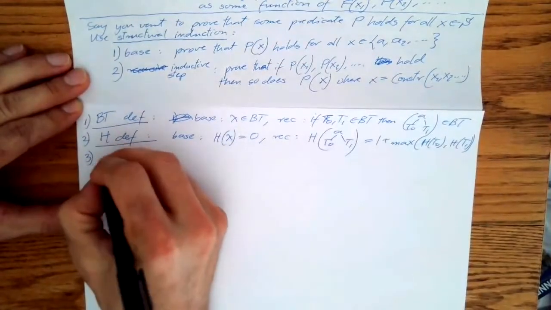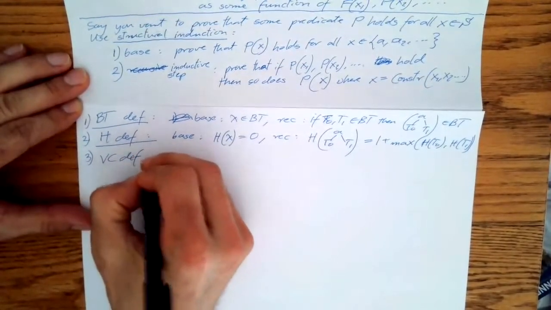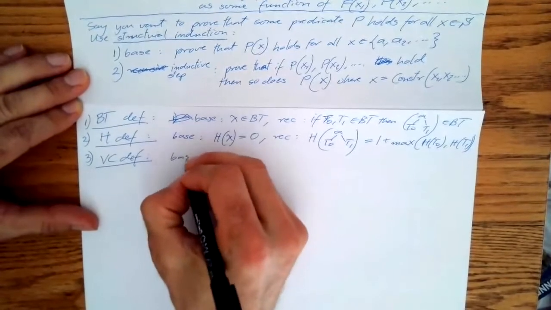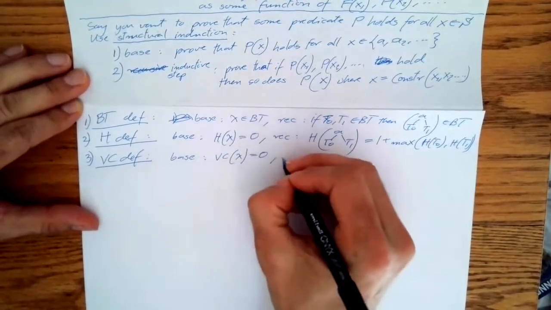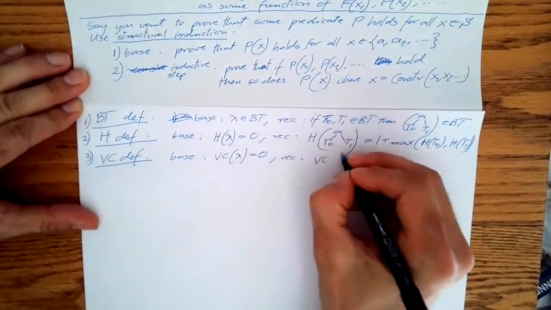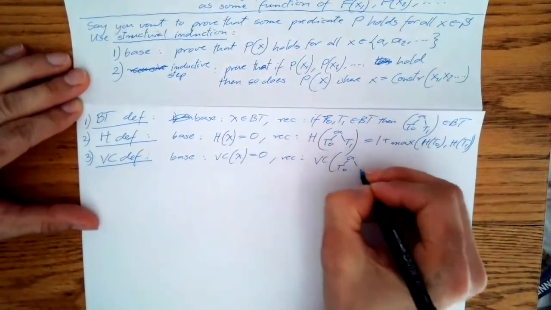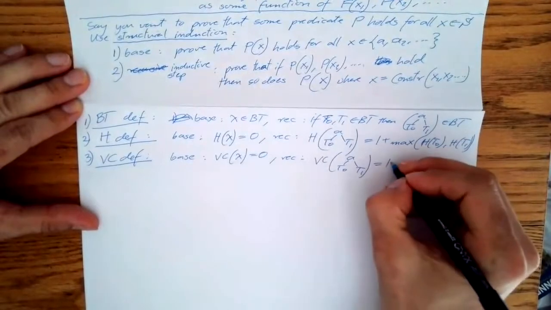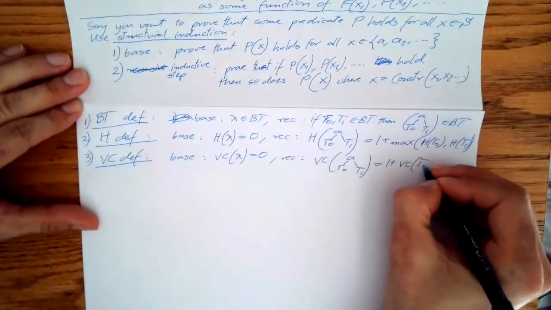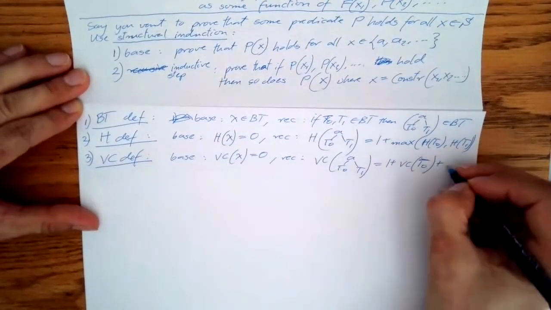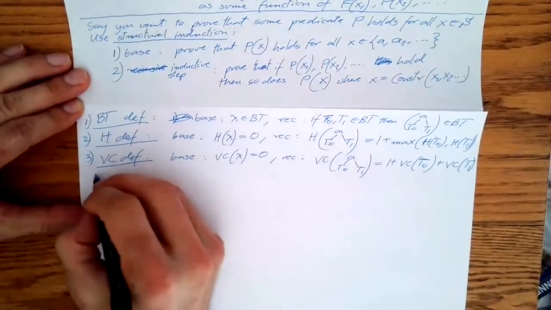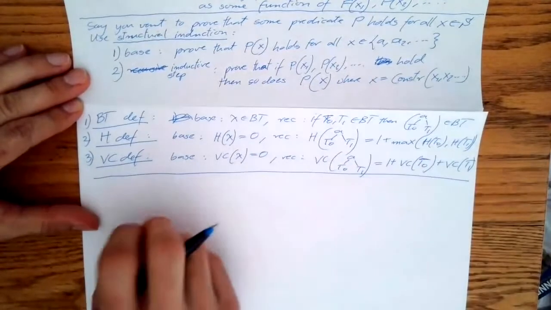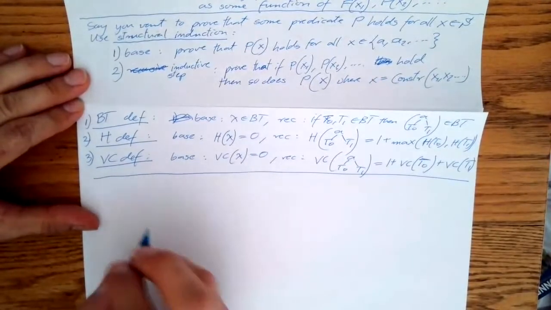Now the vertex count definition: the base case, vertex count of an empty tree is 0. Recursive: vertex count of a recursively defined tree is 1 plus the vertex count of T0 plus the vertex count of T1. Okay, so far that was a copy of what we had before.